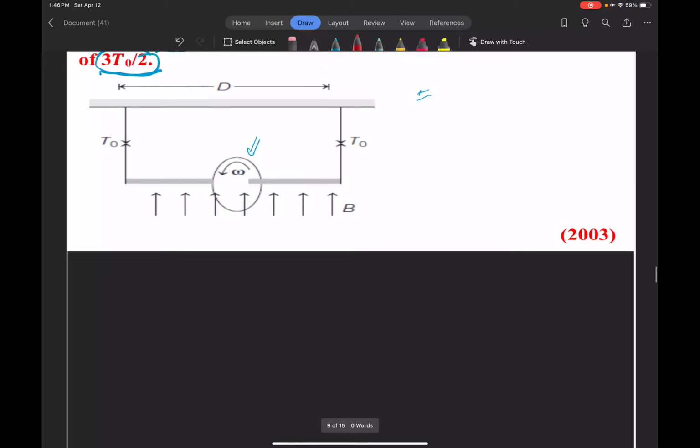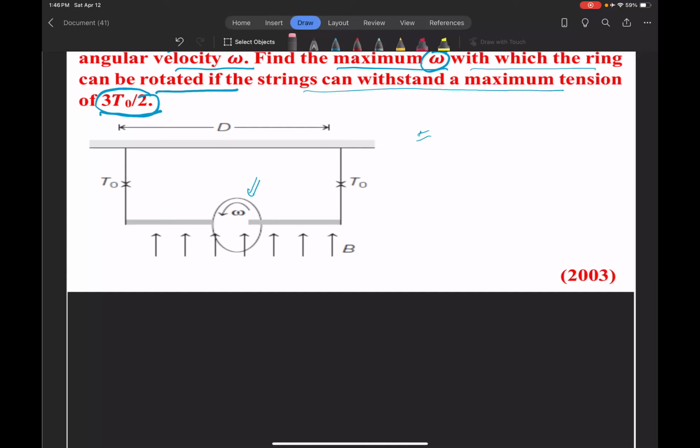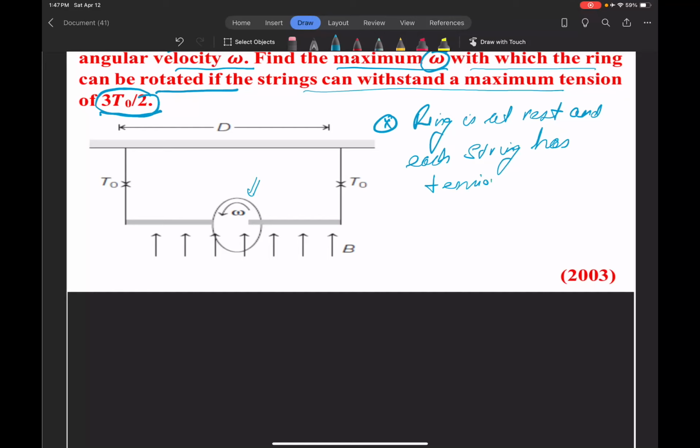So initially, when this ring is at rest, each string has tension T naught.